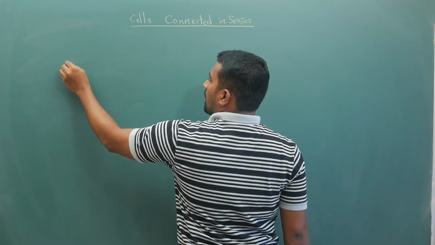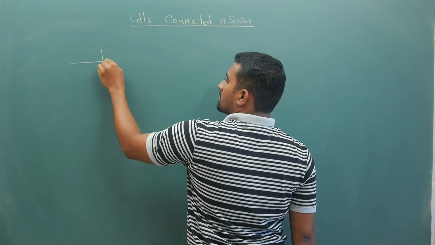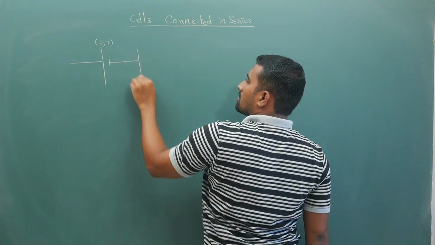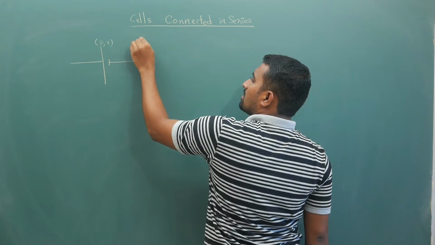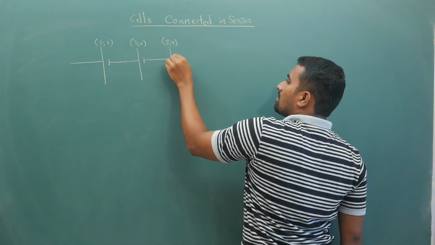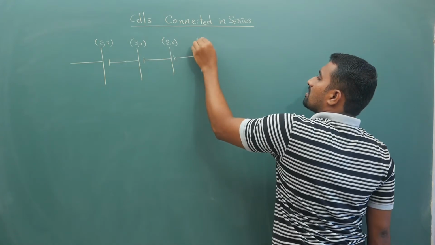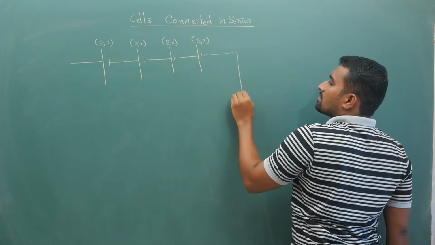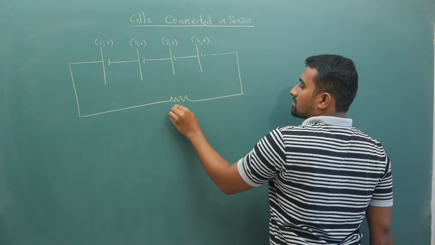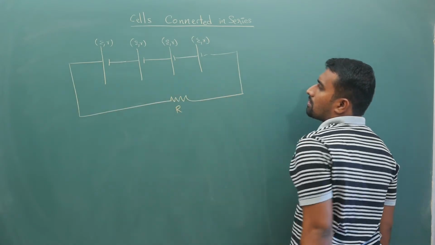Let us say you have identical cells, each with EMF E and internal resistance r, connected one after another like this, with a load resistor R.